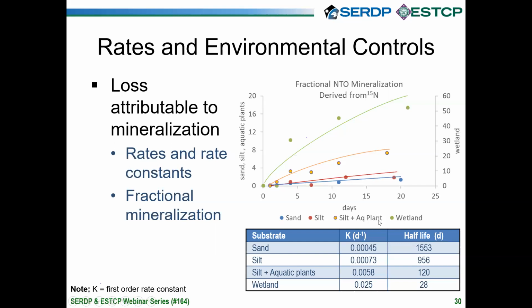And what you can see is that there's a very, very large range in the amount of mineralization that's occurring as you move from a relatively organic matter poor habitat to a relatively organic matter rich habitat. Okay, and so here we're deriving some rate constants, but these are now unique to mineralization, as is the half-life that we've derived from those constants.